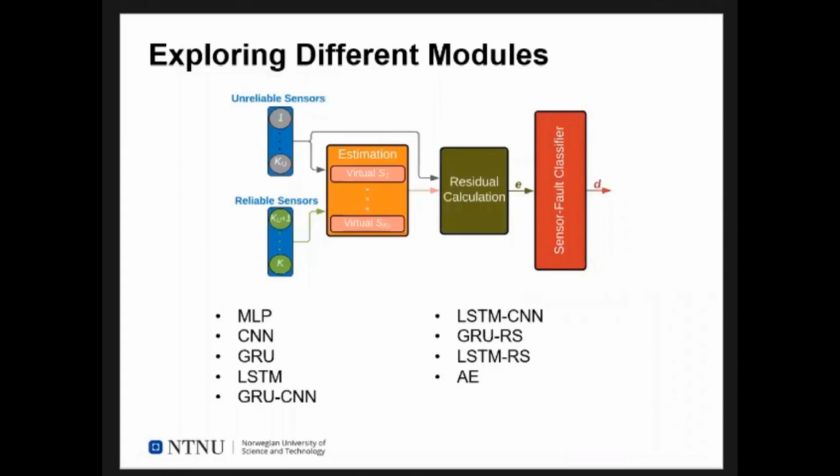We have been checking performance and complexity of these different combinations to see how much this kind of modular architecture can change performance and complexity, depending on the specific module that you are using.